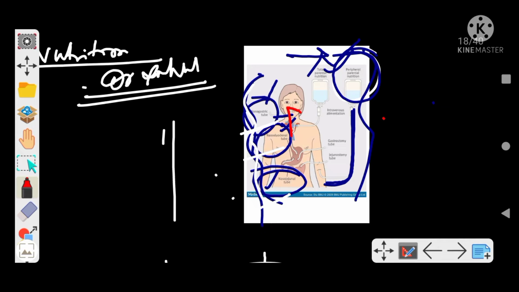This distance is the length of the nasogastric tube that we insert into the patent nostril of the patient, right? Every word is important, every term is important.